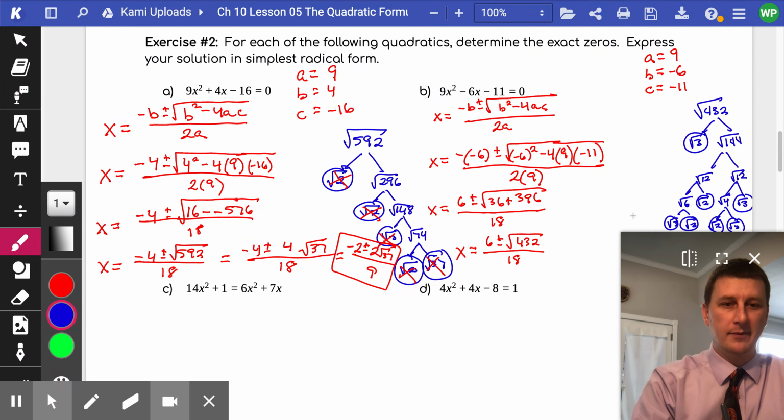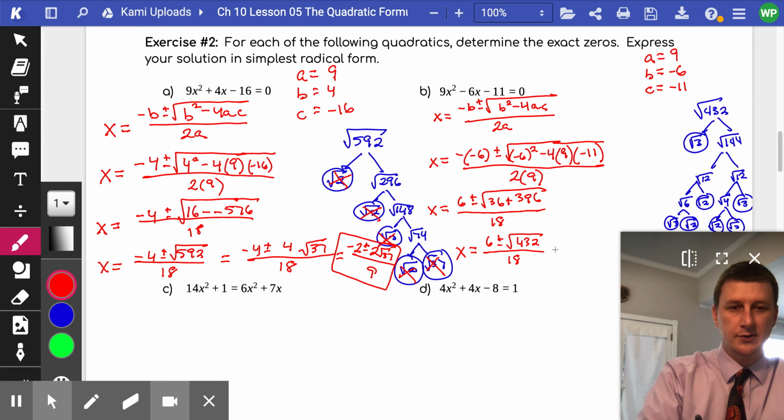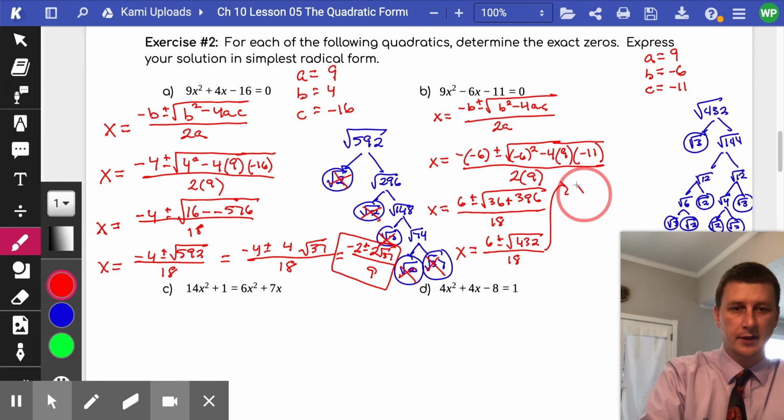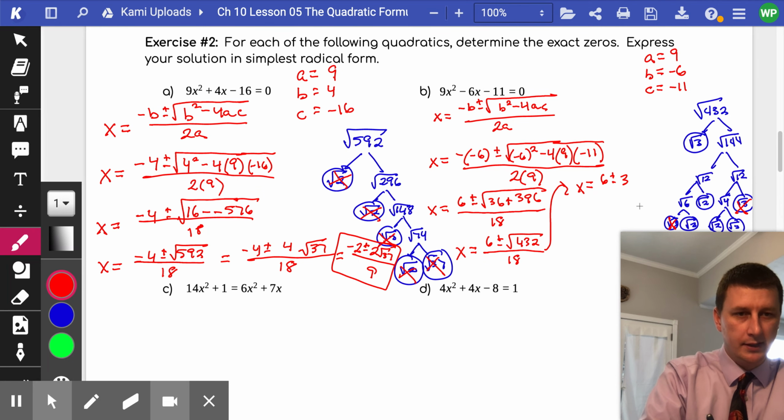Now that I have my prime factor tree, I could continue on over here and simplify that radical using my prime factor tree. So I'm going to continue my work right here. I'm going to have x is equal to 6 plus or minus, and now whatever I have a pair of, I'm going to put outside the radical. So I have a pair of 3s, so I'll cross off 2 3s, and I'll write 1 3 on the outside of the radical.